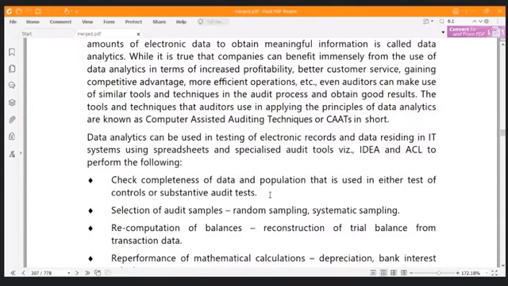So these are some of the techniques. It's not the full list, it's only some of them. These things basically help us analyze certain things to see if everything is in conformity with the generally understood principles or generally understood methodologies.